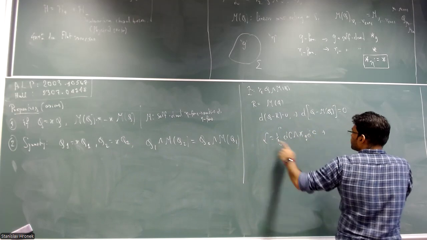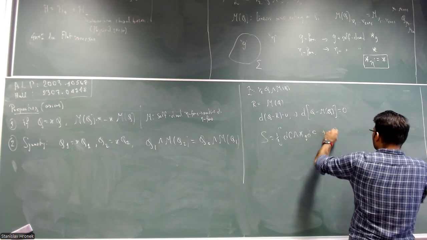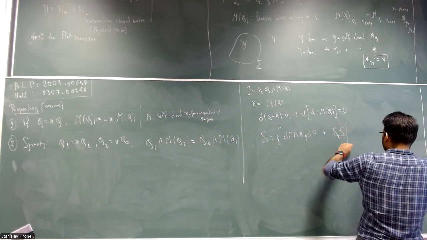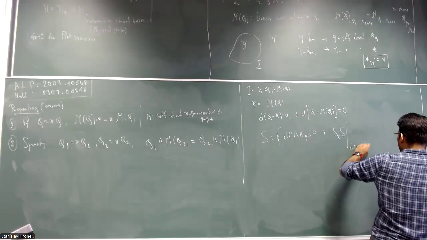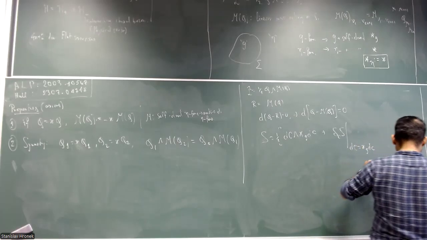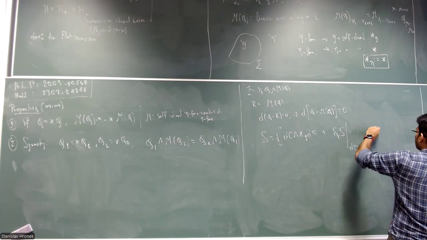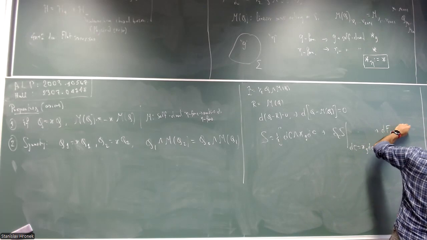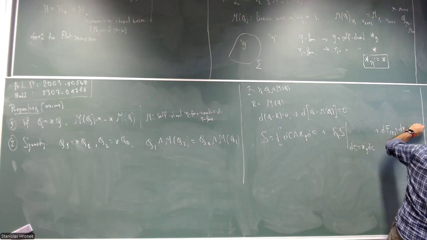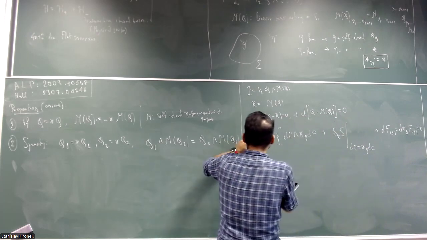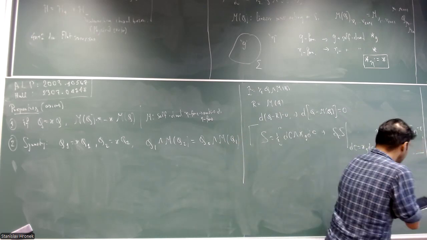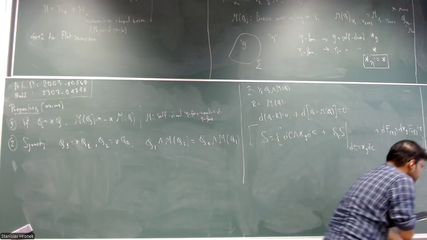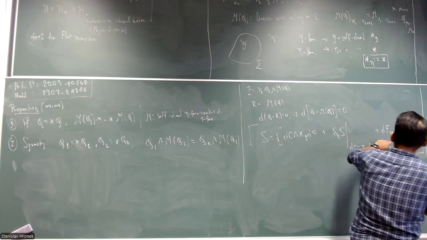And then you would have an action, and you would vary the action with respect to this, and then on this you would impose the self-duality condition, and this would basically tell you that the equation of motion that you should expect is some self-dual field strength.